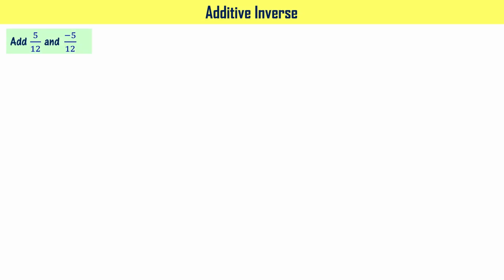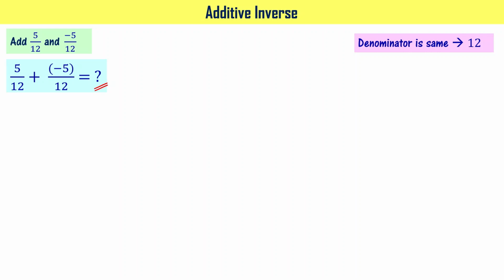Let's add 5 by 12 and minus 5 by 12, right? It means it can be written as 5 by 12 plus minus 5 by 12, and we want to find what is the resultant number, resultant rational number, right? As you see here, the denominator is the same in this case for both the rational numbers, 12, right?